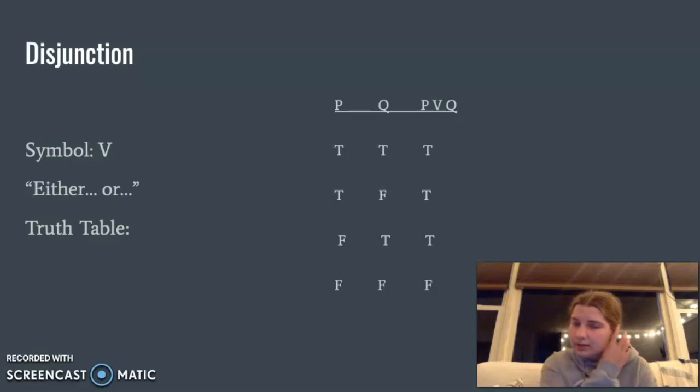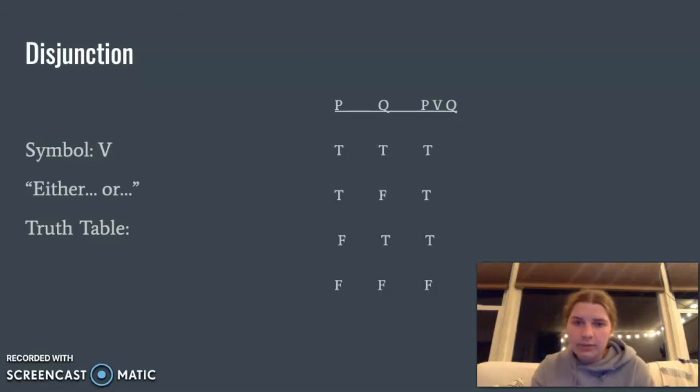To make it easier, I'll just go row by row. First row, P is true and Q is also true, meaning that the disjunction is also true. For the second row, P is true and Q is false, but we still have one true, meaning that the disjunction is also true.